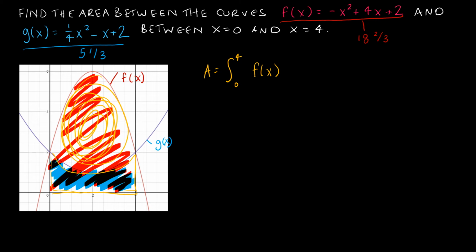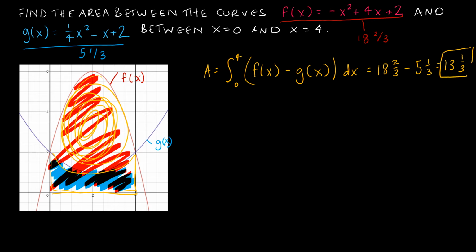So I'm going to take f of x and subtract g of x, all with respect to x. Now, I already know the solution because in my last video we found that f of x was 18 and 2/3 and g of x was 5 and 1/3, and so I know that I'm going to get 13 and 1/3. But let's go ahead and work this out and make sure that's what we get.